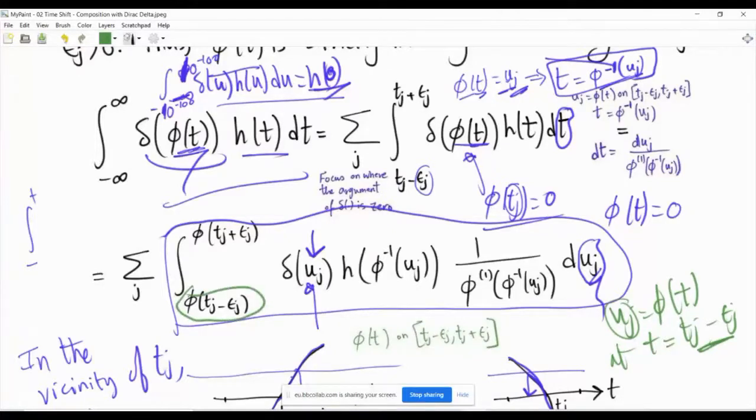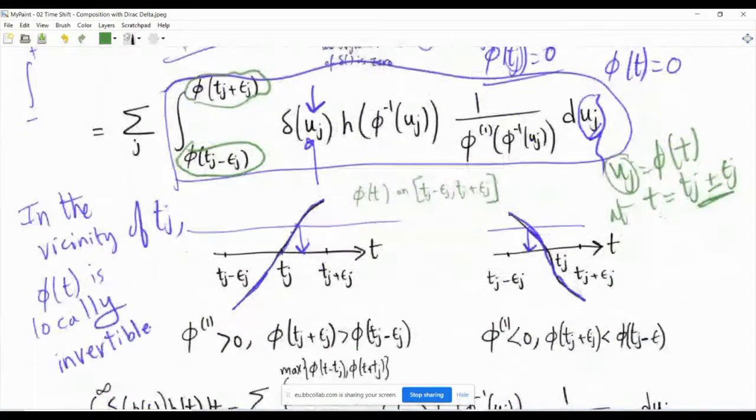If t is tj plus epsilon j, the value of u will be phi of tj plus epsilon j. And what do we know about those values? One is positive and one is negative.